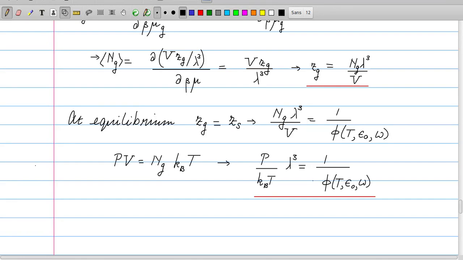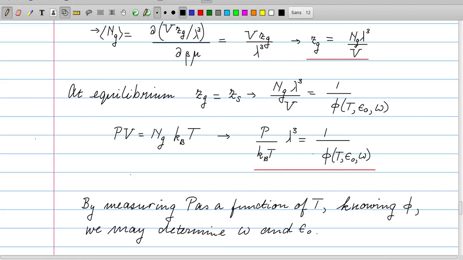So combining that with the result that we found, we can find that P over k_B T times lambda to the third is 1 over phi. And the phi depends on the temperature, on epsilon 0, that's the bottom of the well in which the particles move when they are in the solid, and omega, which is the curvature of the potential the particles feel.